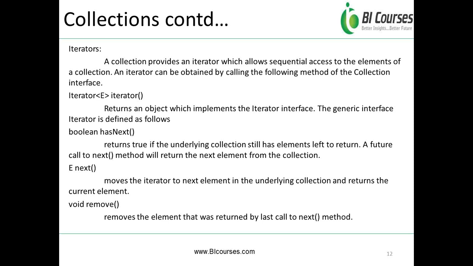The generic interface Iterator is defined as follows. hasNext tells whether the next element is available or not. If it returns true, that means the underlying collection still has elements left to return. The next method will return the actual object: it moves the iterator to the next element in the underlying collection and returns the current element. While remove will remove the current element that was returned by the last call to the next method.